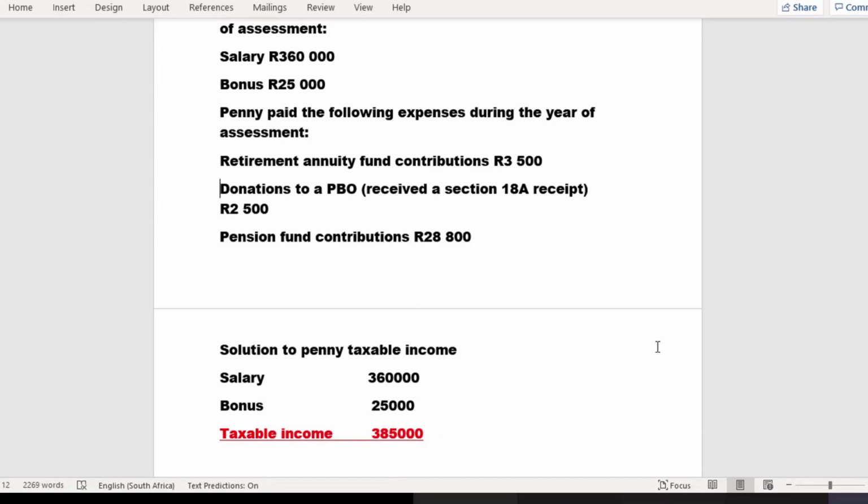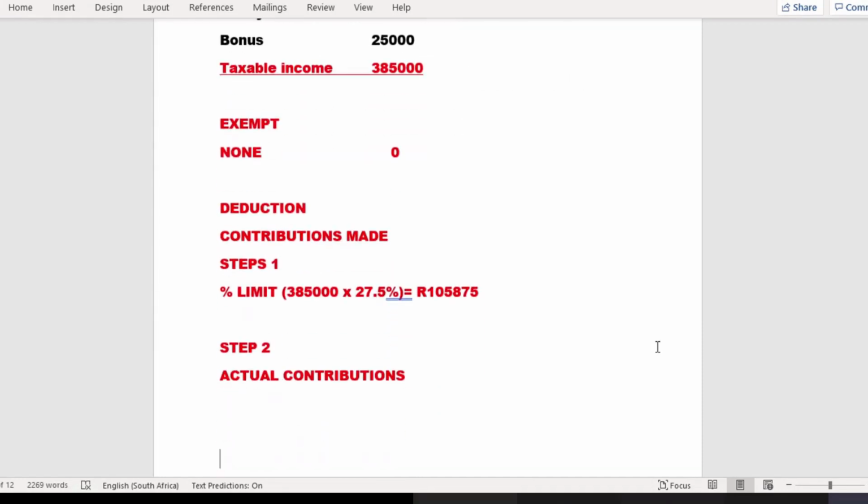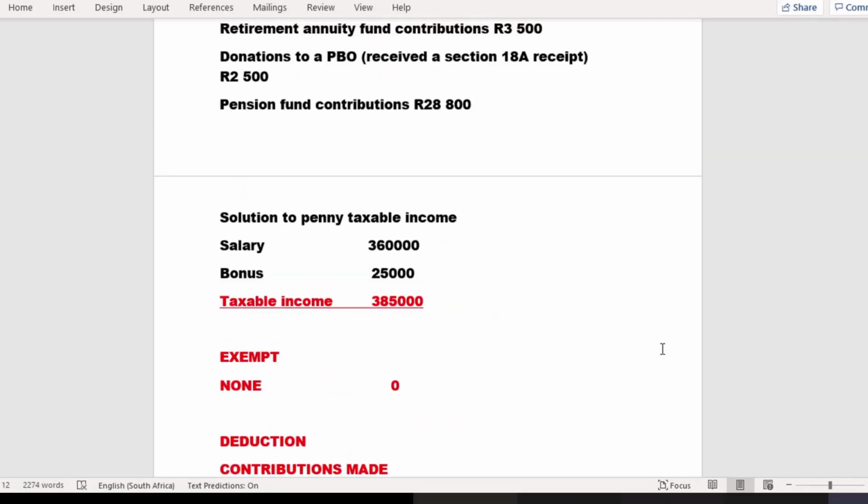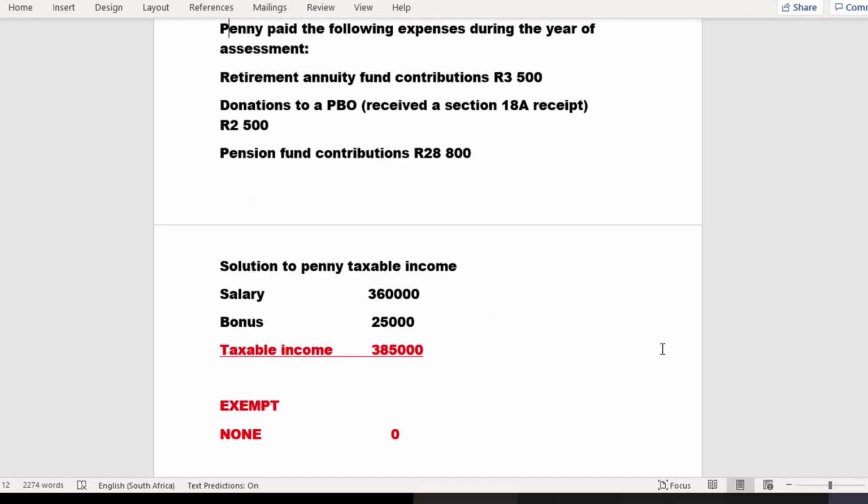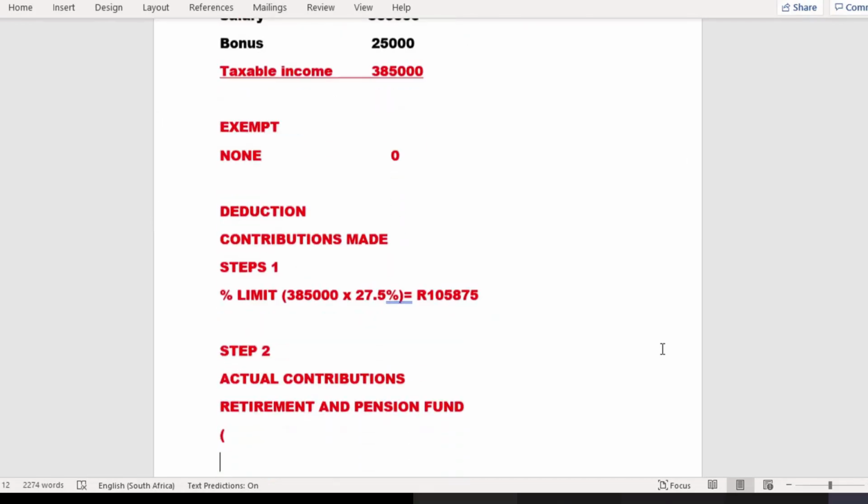Now you're going to say actual contributions would include the retirement and pension fund. Okay, then you're going to say how much is the amount. So the amount for retirement is 3.5 and pension fund is 28,500 rand.